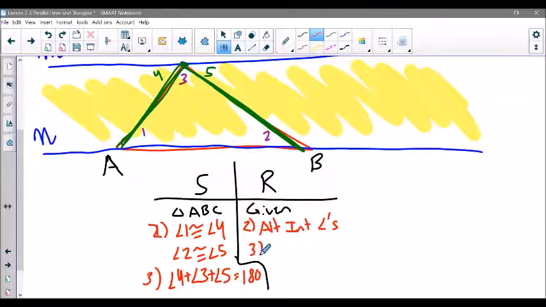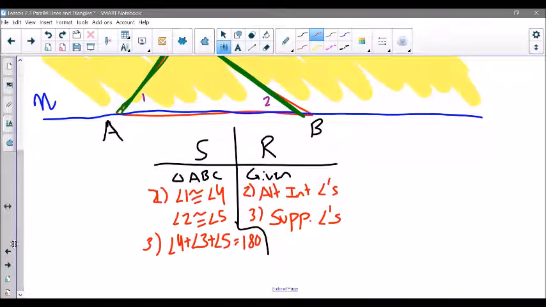Because they're supplementary. Remember, supplementary is just 2 or more angles that add up to 180 degrees. So I'm just going to put supplementary angles.